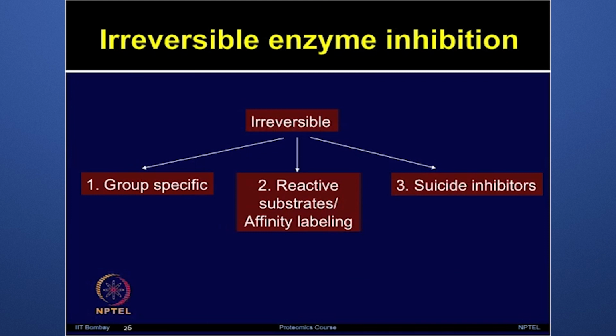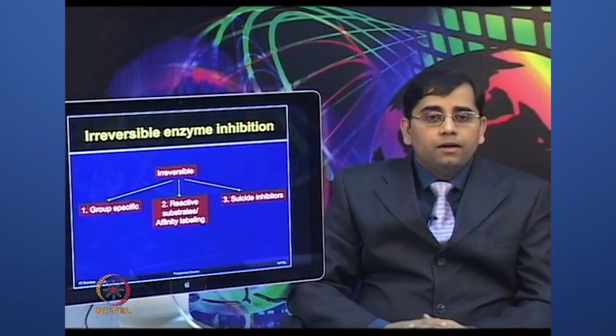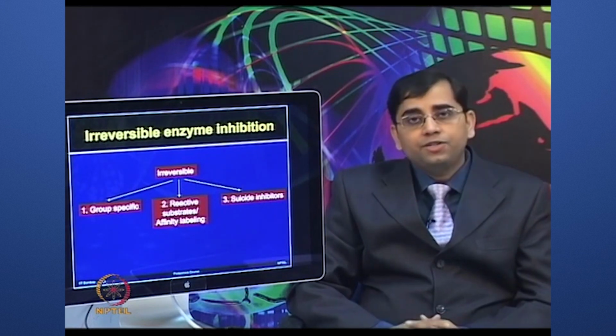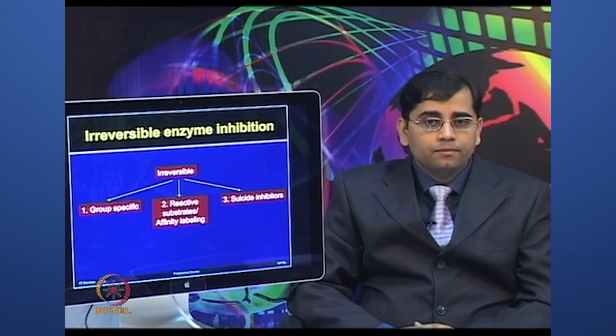Now, in irreversible enzyme inhibition, there are different classes: group specific, reactive substrates, or suicide inhibitors. The group specific irreversible inhibitors can react with the specific side chain of amino acids.